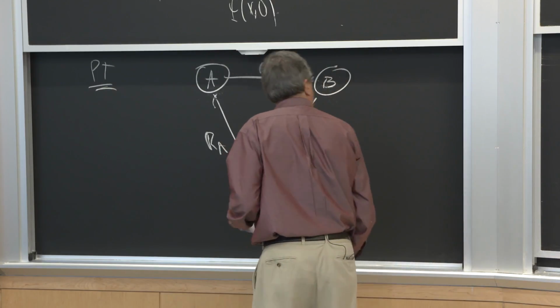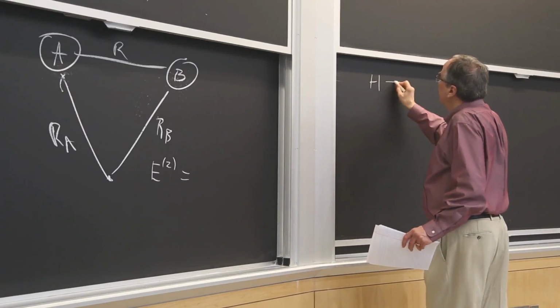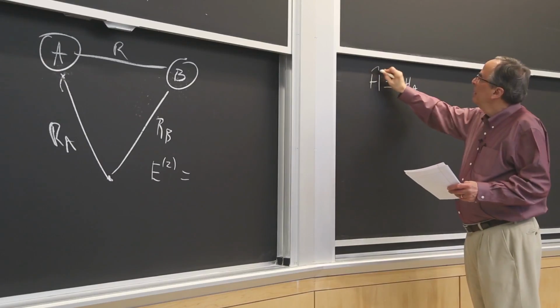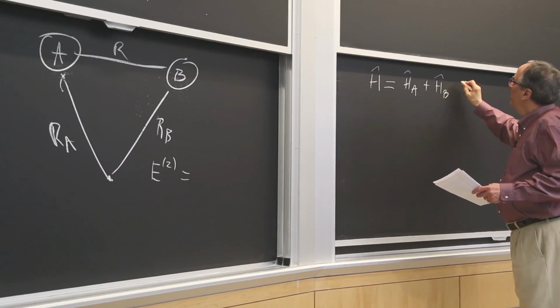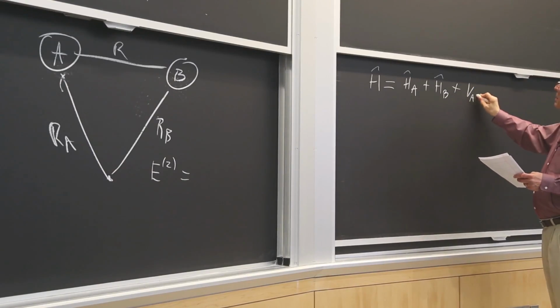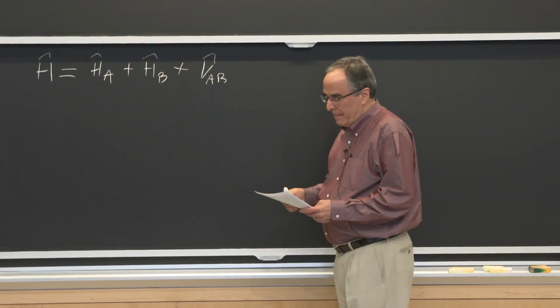So we want to talk about a Hamiltonian for the system, which is the Hamiltonian for particle A, the Hamiltonian for particle B, plus some interaction term between A and B. Okay.